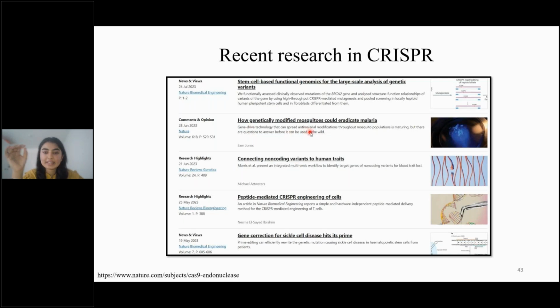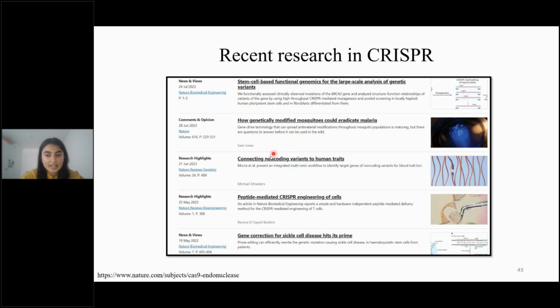Using CRISPR, they deleted the gene which was complementary to the malarial parasite, and now the mosquito cannot harbor the malaria parasite. So even if a mosquito bites a human, it will not transfer malaria because it doesn't have it. It's amazing that they used CRISPR to design these mosquitoes, so people will not get malaria by their bites.